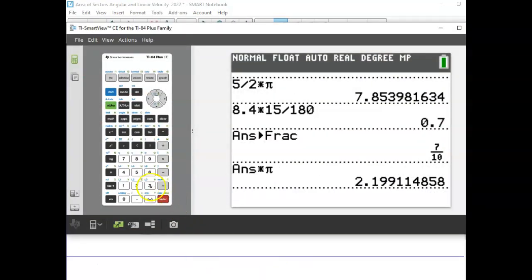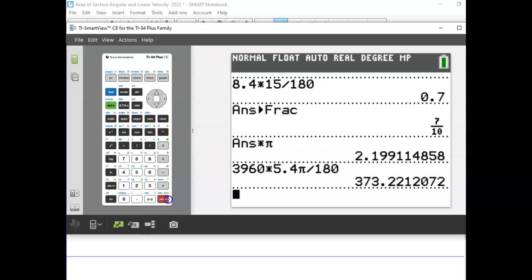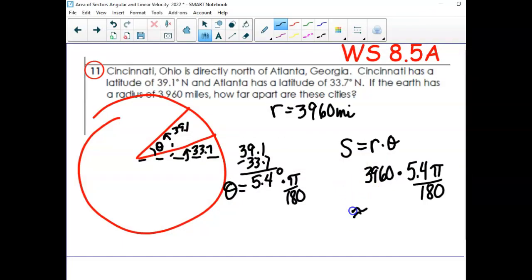It means nothing to me if you just give me in terms of pi. 3960 times, somebody yell if I get the numbers wrong, 5.4 pi over 180. 373 roughly. I'm just going to round to a whole number for this one. 373 miles. The reason I'm not being super accurate is, do you think the radius of the Earth is exactly 3960? I'm thinking that's an approximation too, okay? Did someone get that? Everybody get that number?